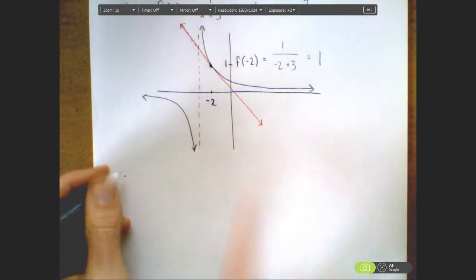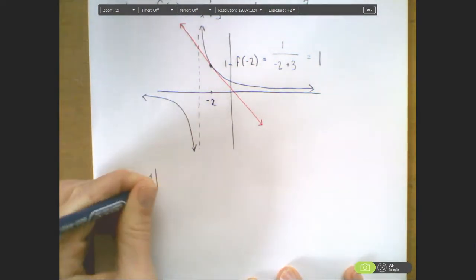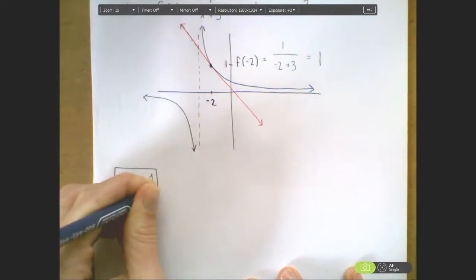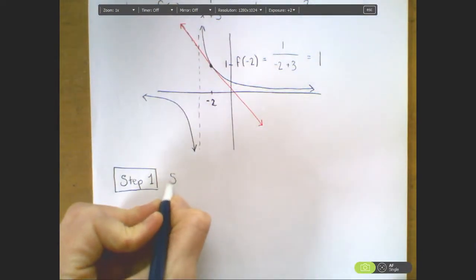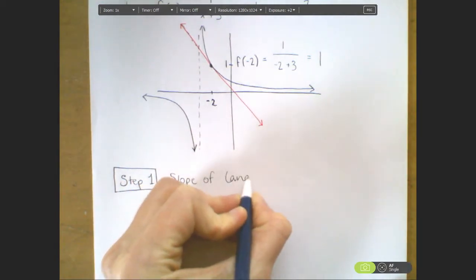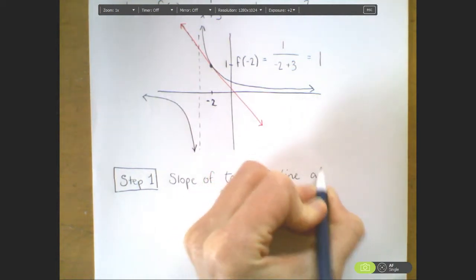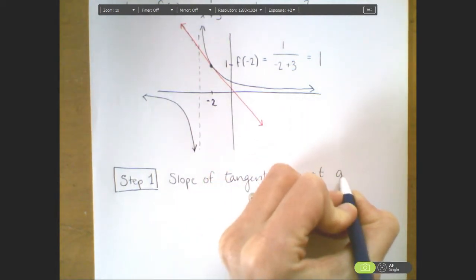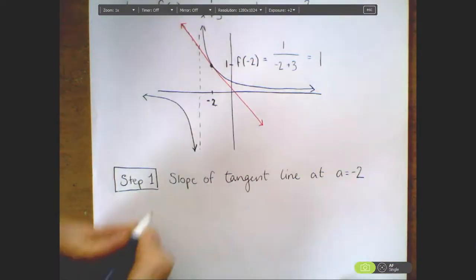So let's use our definition of derivative to be able to compute the tangent line. So my step 1, other than drawing a picture, I suppose, we don't have to draw a picture every time, I want to find the slope of the tangent line at a equals -2. And to do that, we're going to use our definition of derivative.